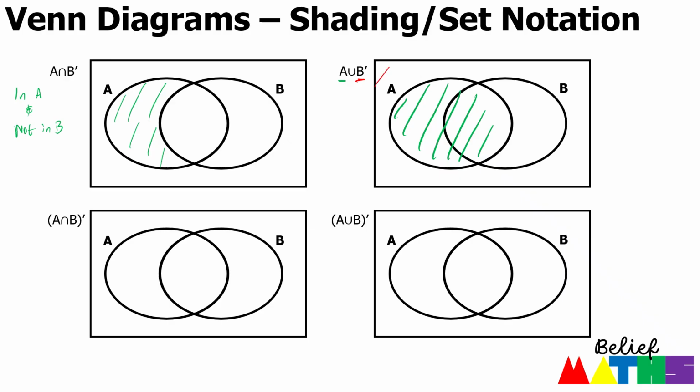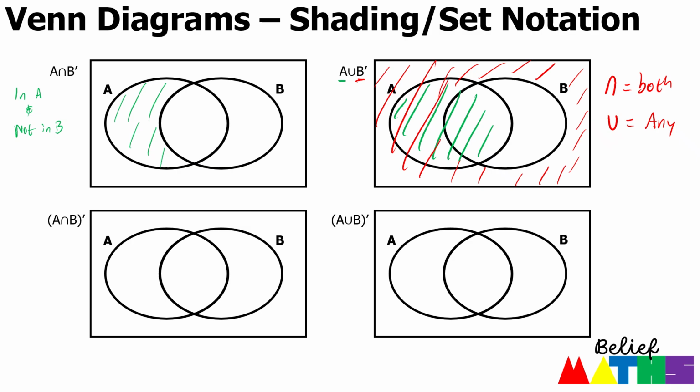So not B is everything outside of B. The intersection means both colors, so like we saw in the previous one, it's just this crescent moon shape. The union means any color, so that's why it's everything but the kind of crescent moon for B. So the intersection means both, the union means any color.